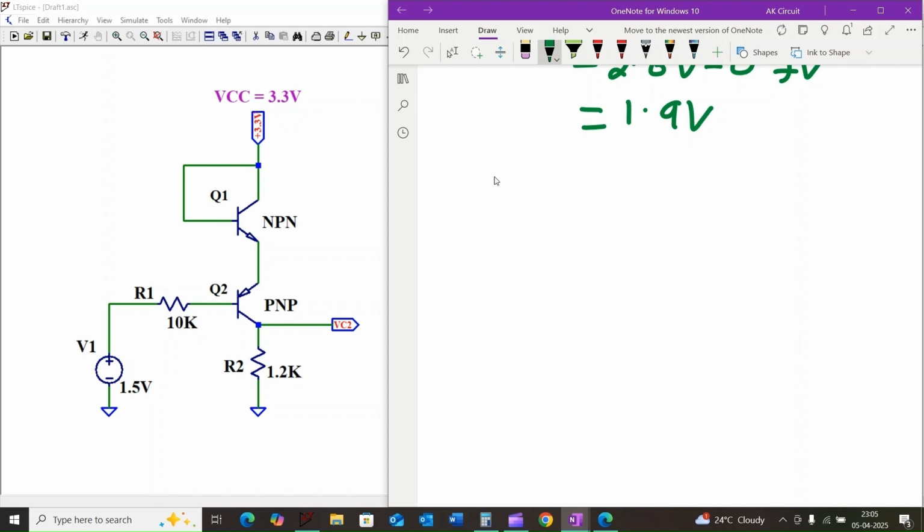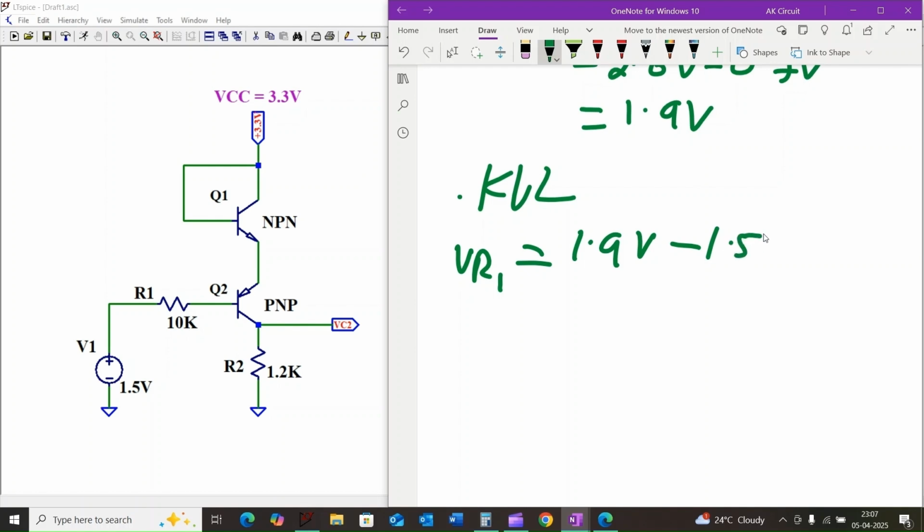Now we can find the base current IB2. Looking at the circuit, we see that the base of the second transistor is connected to a 10 kilo ohm resistor, which is then connected to the 1.5 volt source. We can use Kirchhoff's voltage law here. According to KVL, the voltage across the resistor R1, VR1, is equal to 1.9 volt minus 1.5 volt, which is equal to 0.4 volt.